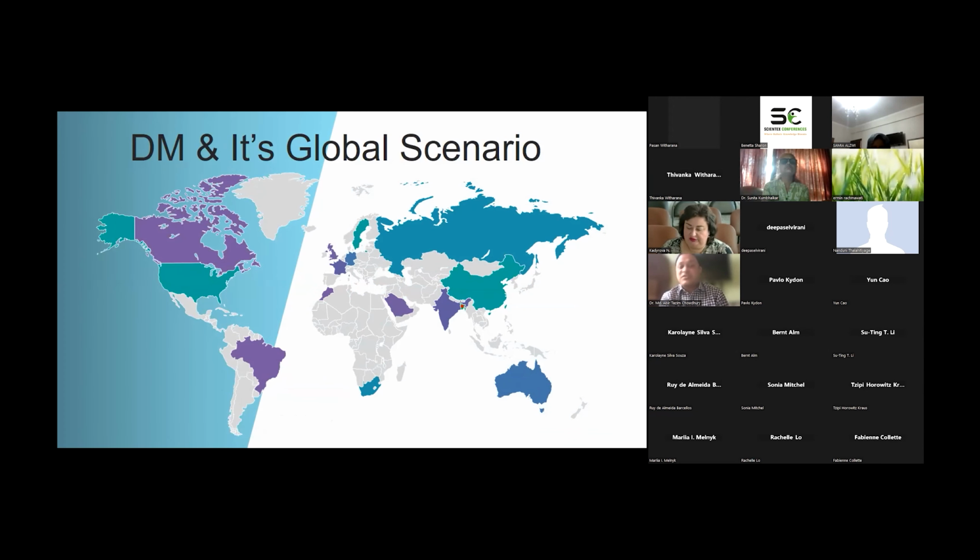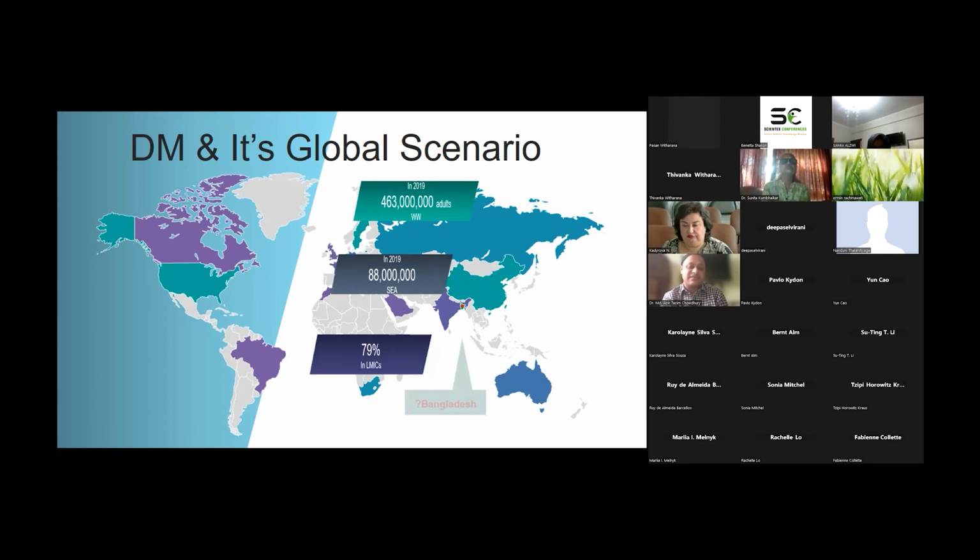So what about diabetes mellitus and its global scenario? Diabetes mellitus remains a significant contributor to the global burden of disease. The International Diabetes Federation has estimated that 463 million adults lived with diabetes worldwide in 2019. Among them, 88 million reside in Southeast Asia, and 79% were from lower middle income countries.